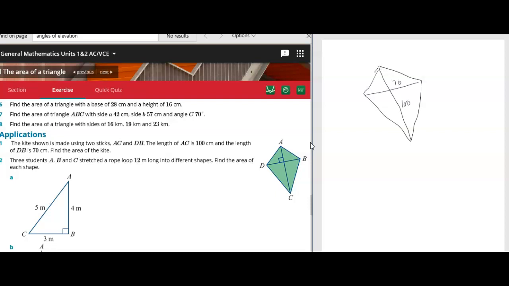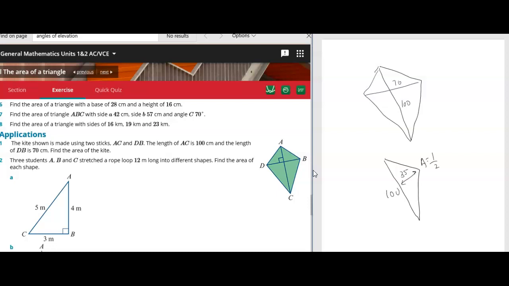If we're trying to find the area of the kite, we're going to have to split it into two triangles. So we've got two triangles like this. If we go down the middle, that makes this side 100, and the height is going to be half of 70, so 35.